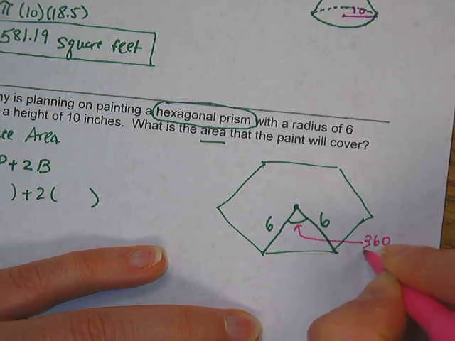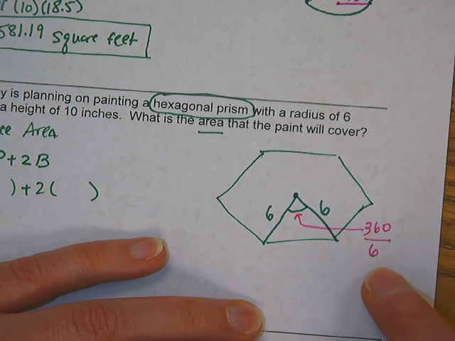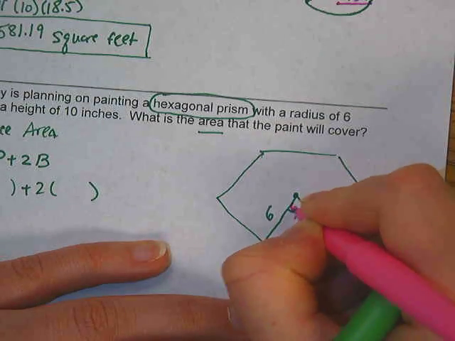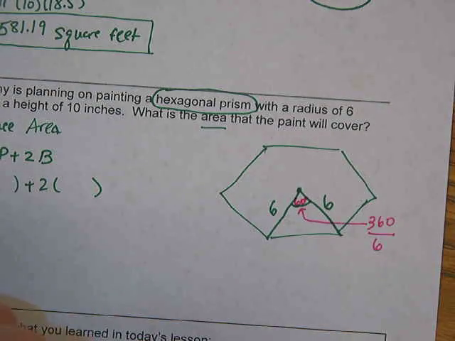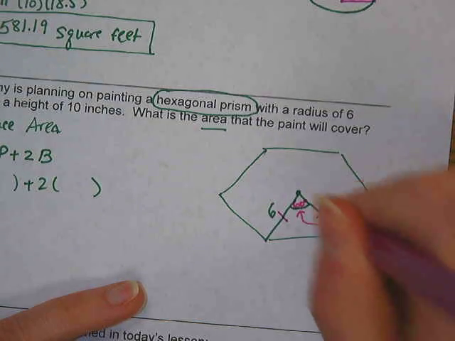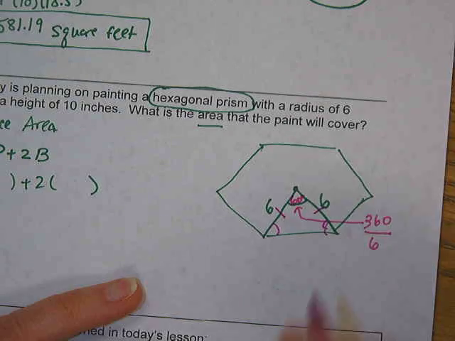Because this is a hexagon, when I find my central angle, this angle right here, I'm going to do 360 divided by 6. Not because the radius is 6, but because a hexagon has 6 sides. So when I do that, I'm going to get 60 degrees. So I'm going to squeeze in a 60 right here.